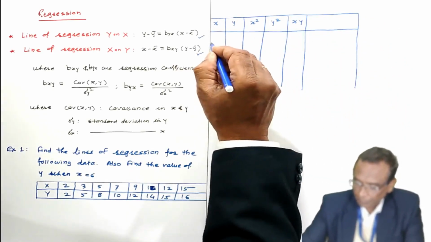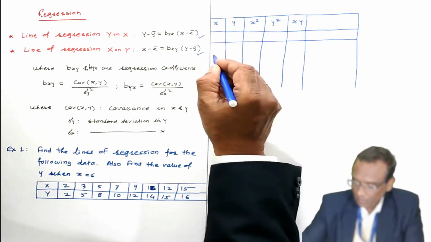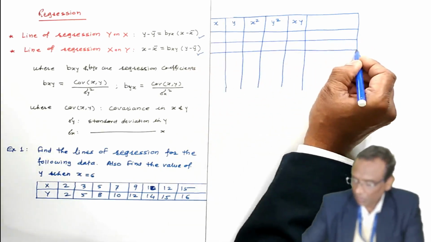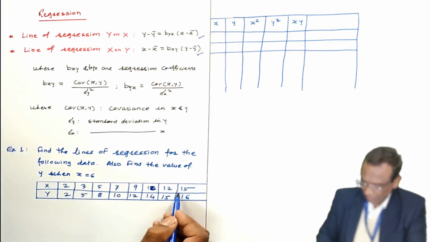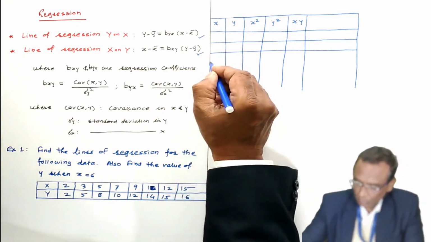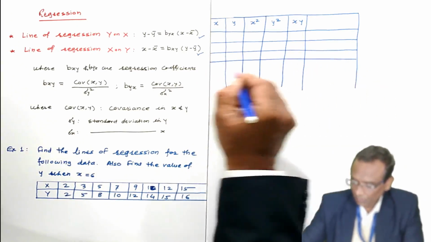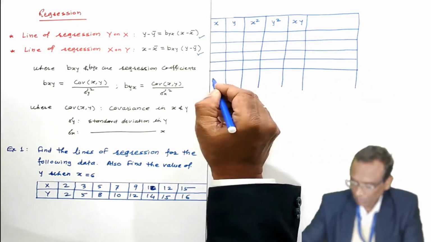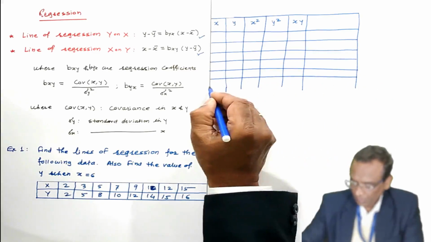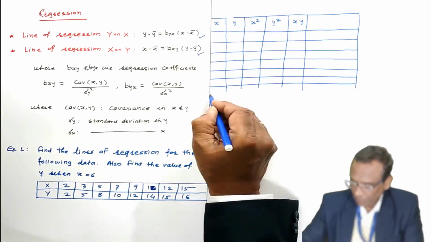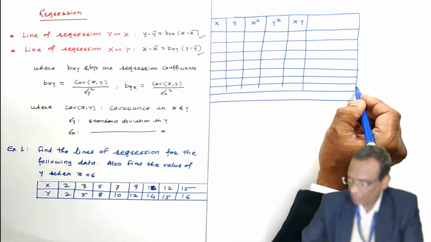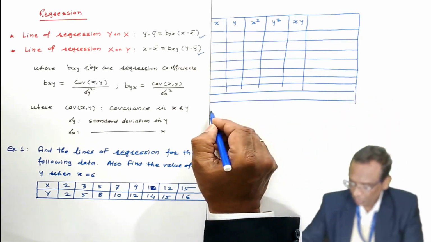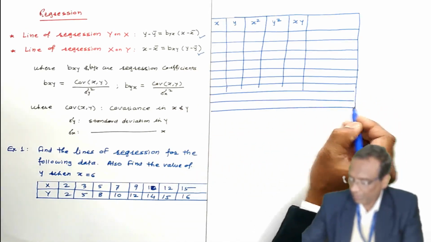Now, how many entries are there? 1, 2, 3, 4, 5, 6, 7, 8. And for summation one more row I am adding.